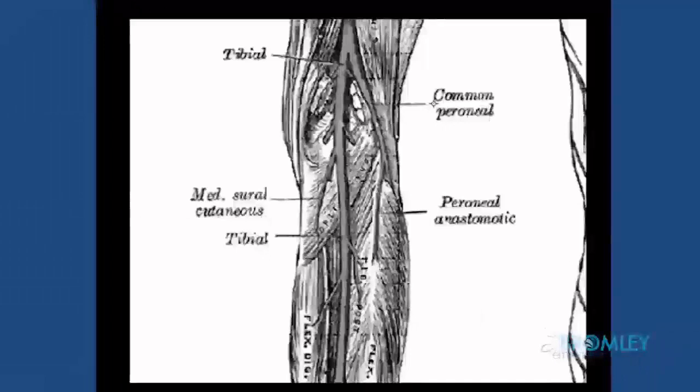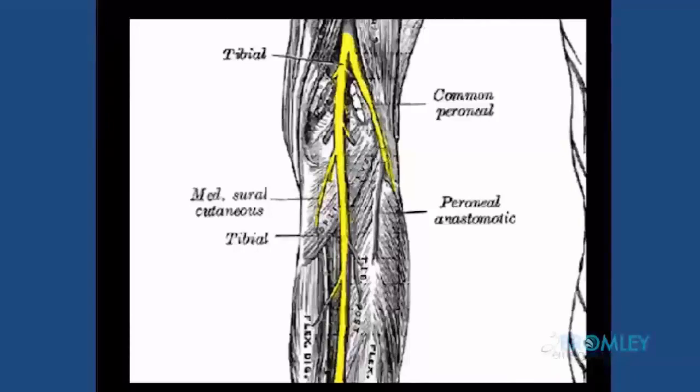Another nerve, a sensory nerve we need to be aware of, is the sural nerve. It has a slightly complicated origin. If we bring out the tibial nerve and the common peroneal and look at two particular branches, let's pick up the medial sural cutaneous and the peroneal anastomotic nerve.